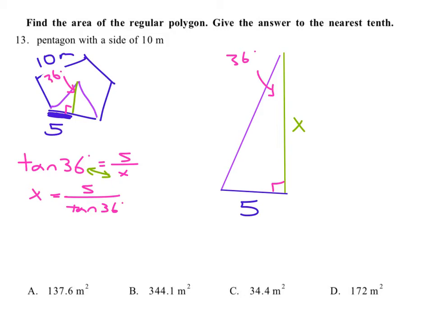If it's got a side length of 10, then it's got a perimeter of 50. So we can say area equals 1/2 the apothem, 5 over tangent of 36, times the perimeter of 50. We can do this all in our calculator. Let's see.